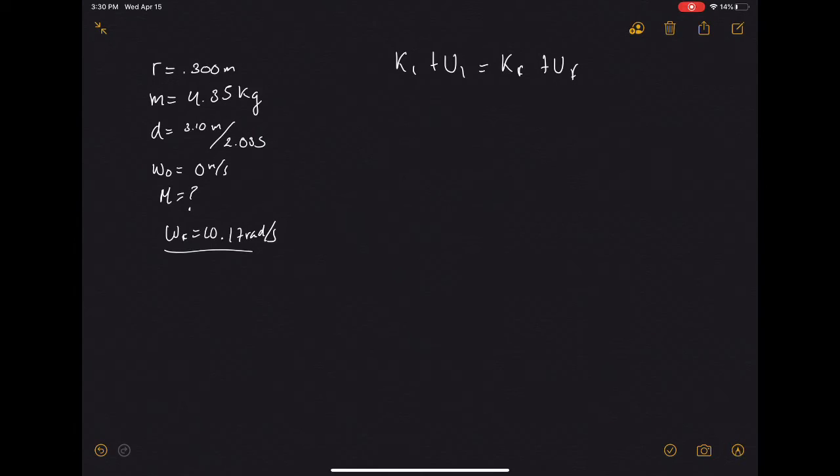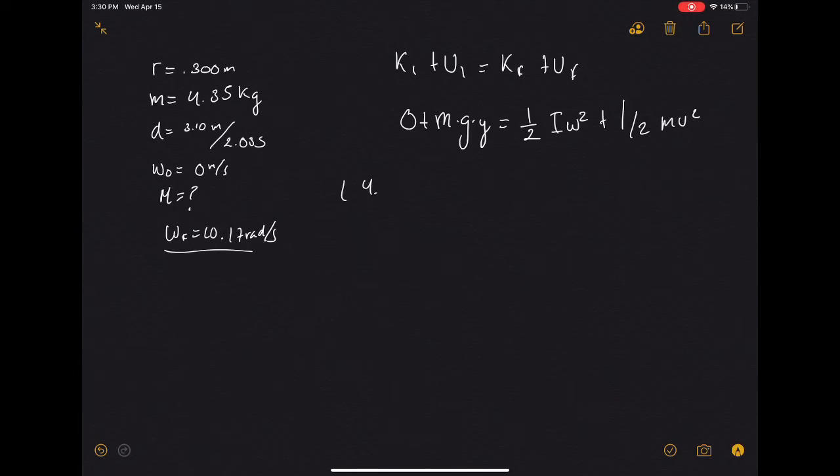So since K is at rest at the beginning, it's 0, plus m times g times y equals 1/2 times I w squared plus 1/2 m v squared. So now I'm going to plug in all the numbers we got.